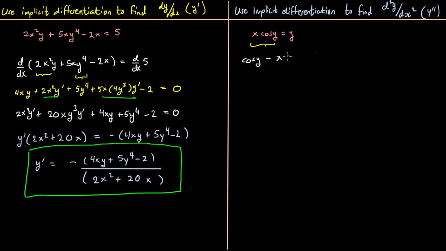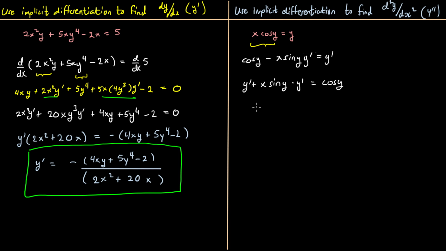So x times sine of y times y prime, and that's going to be equal to y prime on this end here. So we can go ahead and combine these terms, and if we do so, we're going to have y prime plus x times sine of y times y prime, and that's going to be equal to cosine of y.